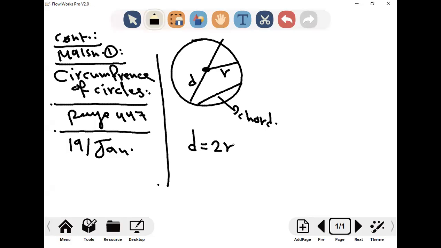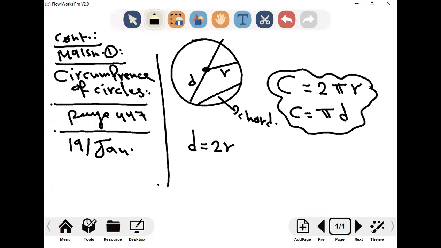Don't forget that. And we have 2 formulas for the circumference. Circumference means big C. It can be 2 multiply pi multiply r, and C can be pi multiply d. These 2 formulas, we can use them to find the circumference. And we said that pi is 3.14 and it is a rounded value. Done?